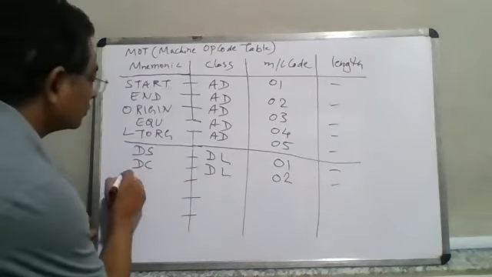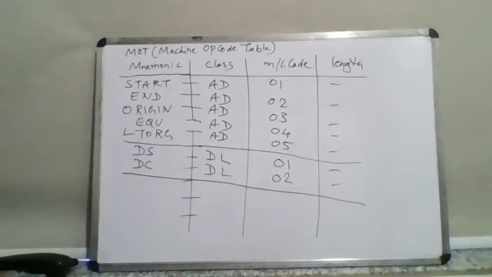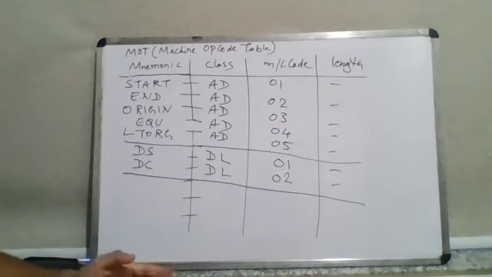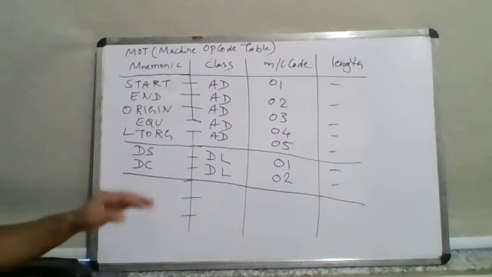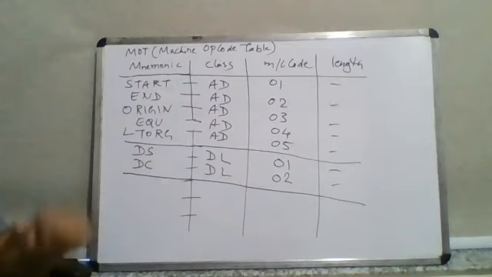These are the 2 things which are going to be useful to us, because for any of the variables inside the program, this class is going to be useful. Let's say x DC 05. If such a variable is declared, then it is a declare constant, the class is declaration, and the value would be given in your assembly program.